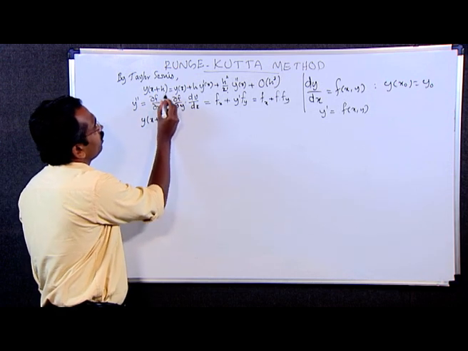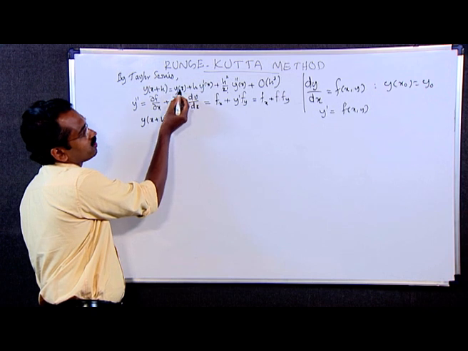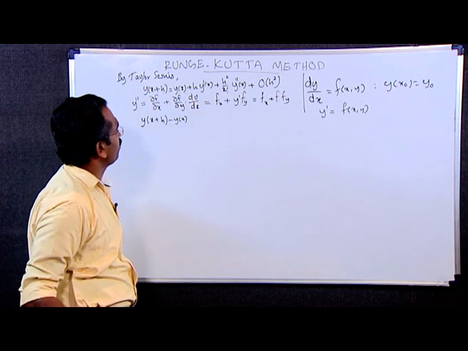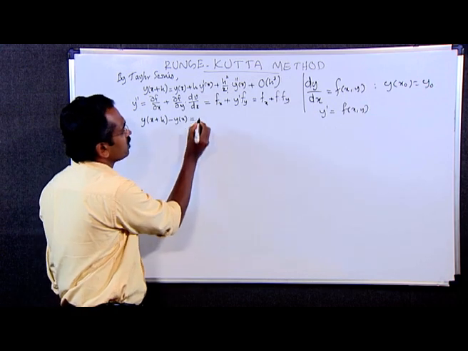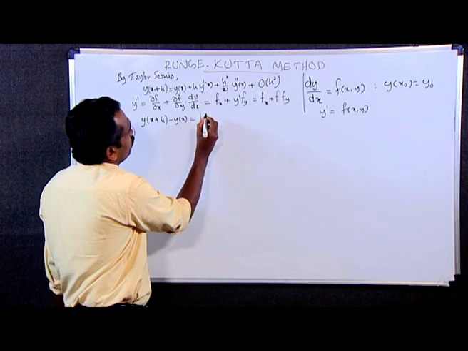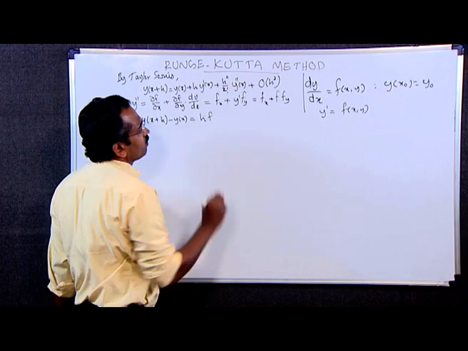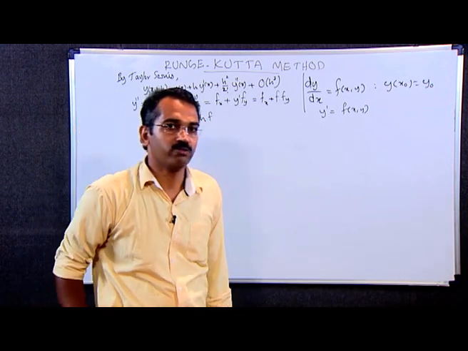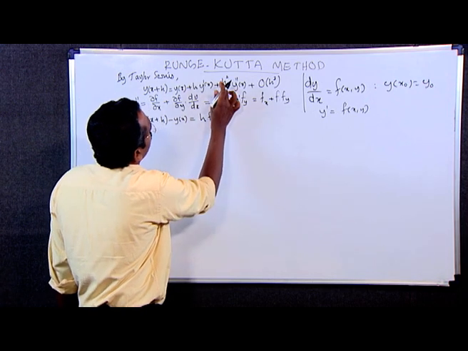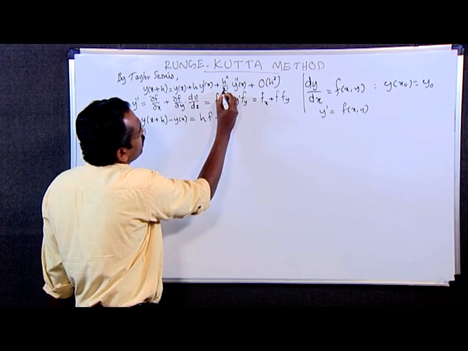Therefore, we can write y of x plus h, we transpose this y of x into the left side, y of x plus h minus y of x is equal to h into y dash of x is f of x y. For convenience, we write f for f of x y, plus here 2 factorial in the denominator, 2 factorial is 2.